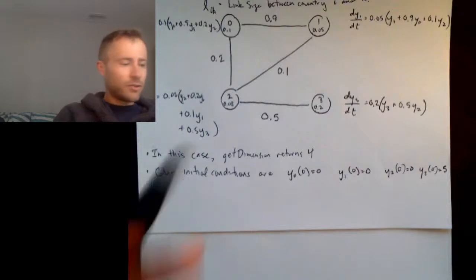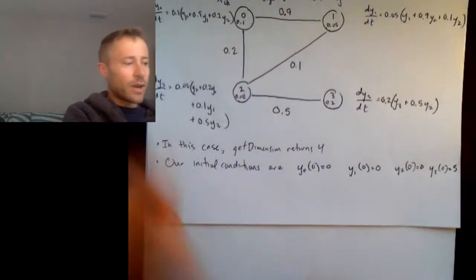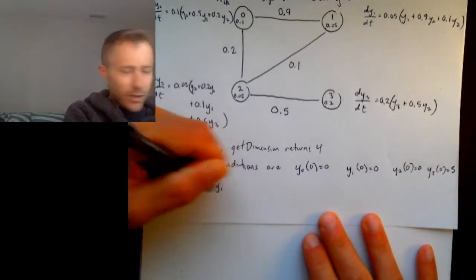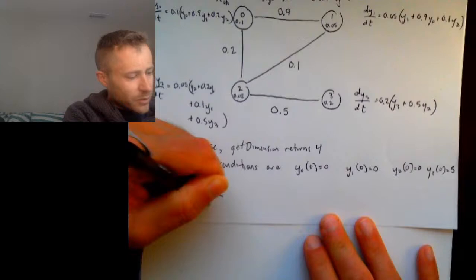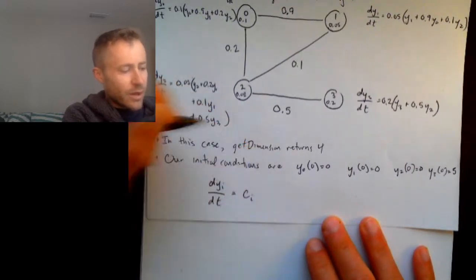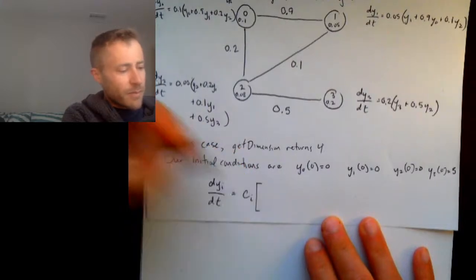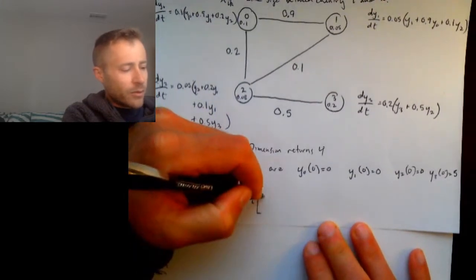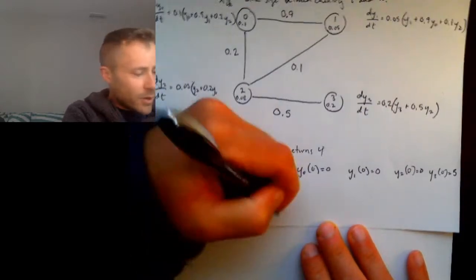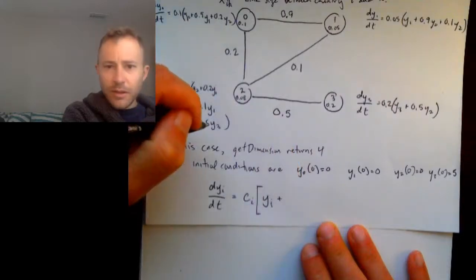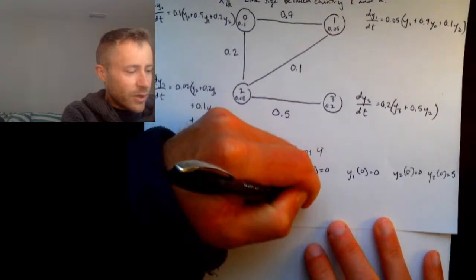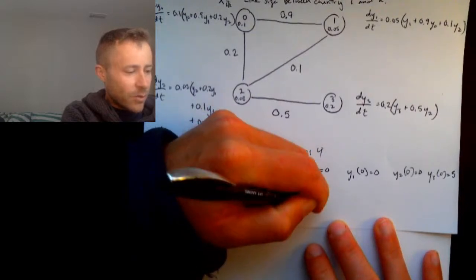So if I were to write the growth equation abstractly, the rate of growth of country i's amount of disease is going to be the growth constant for country i times the amount of the disease that country i has, plus the links to all the other countries: L_ik, y_k.